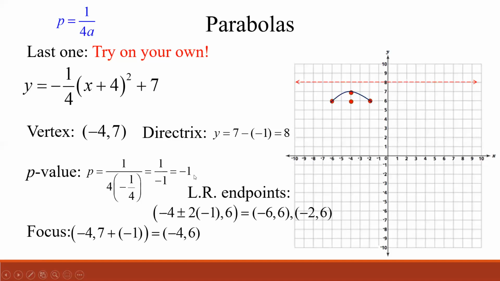My p-value ended up just being -1 in this case. The focus, and again, since my p was -1, my focus came down 1 from the vertex. My directrix went up 1 from the vertex. And then the latus rectum endpoints: left and right 2 times 1, left and right 2 from the focus, and then put the curve in there.